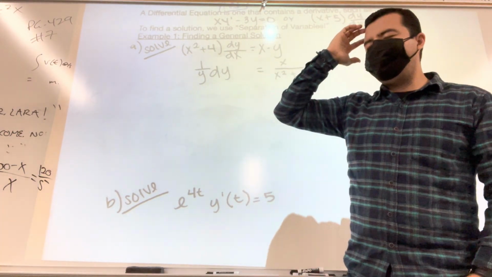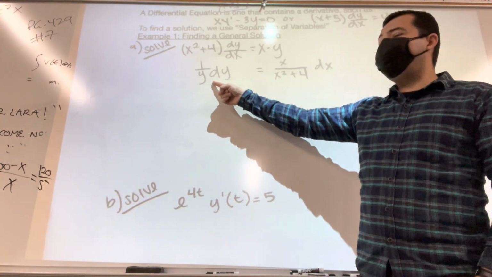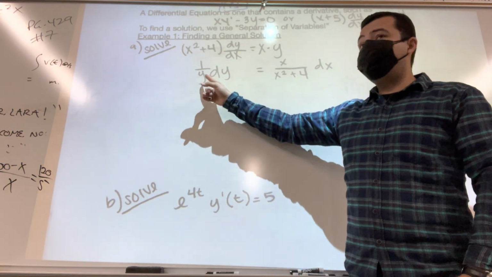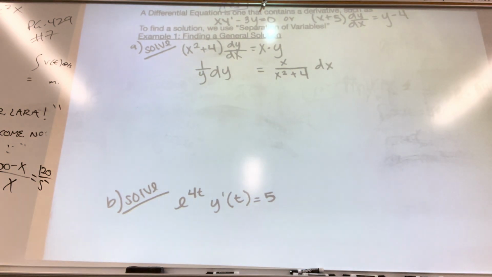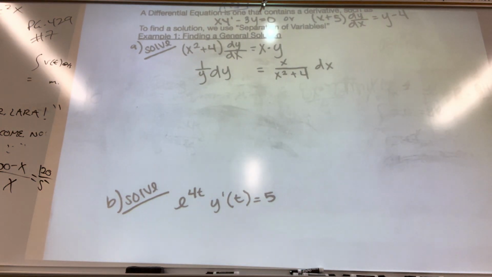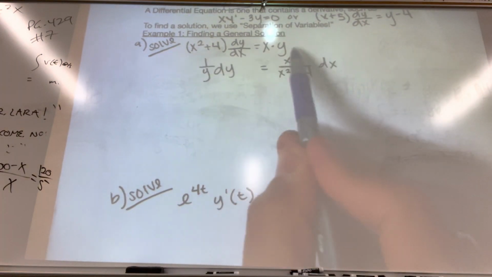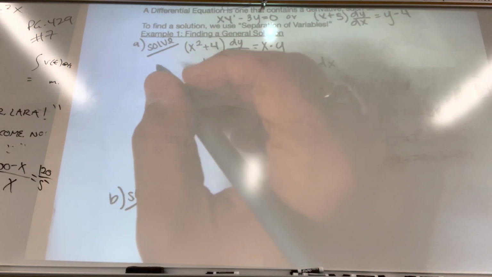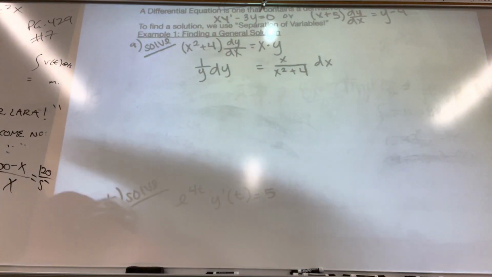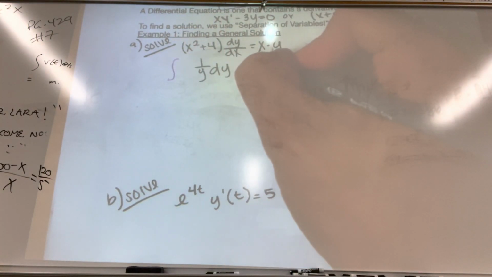Remember where we're heading. We're trying to solve for y at the end. We're trying to find a function that makes this true. So what we do now, after we separate the variables, is take the antiderivative of both sides.